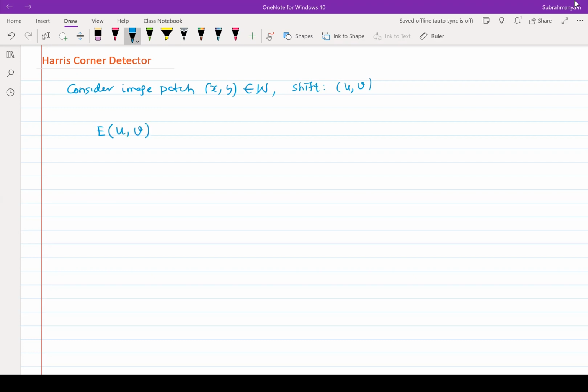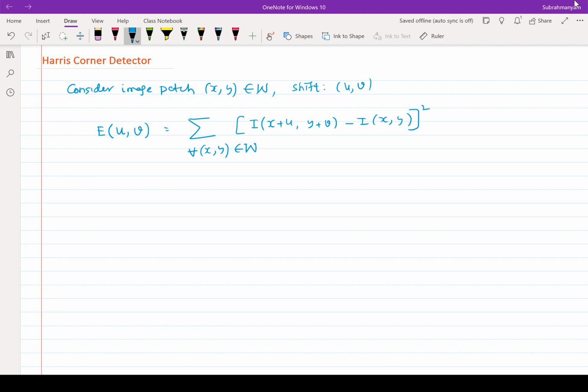I leave it to you how you call it. I take all pixels x comma y that belong to this window or patch window, whatever you call it, I don't really care about that, and compute I of x plus u comma y plus v minus I of x comma y, whole square.